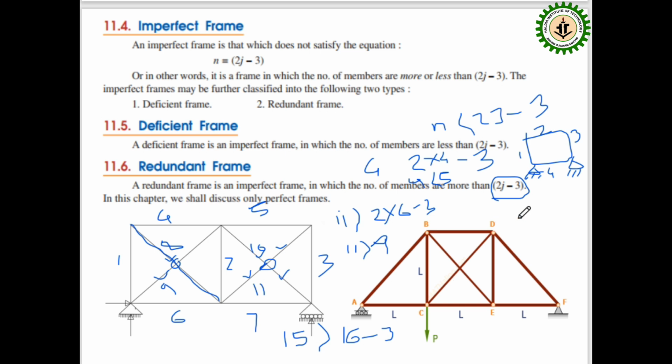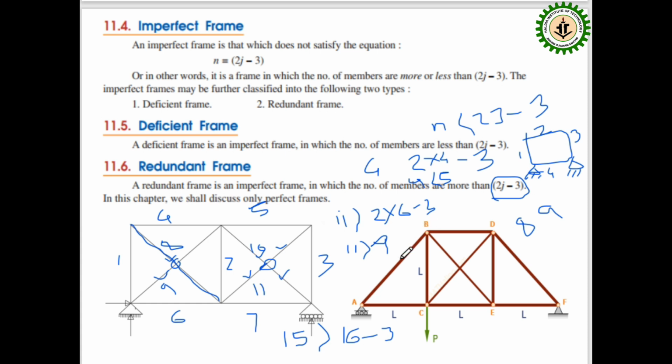The number of joints is 1, 2, 3, 4, 5, 6. So 6 into 2 is 12, 12 minus 3 is 9.